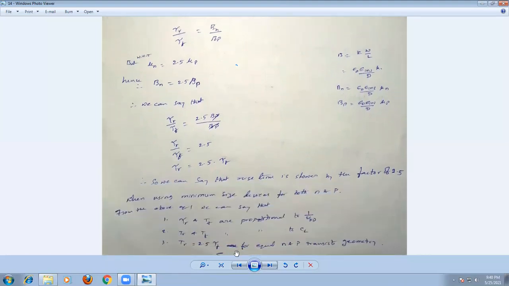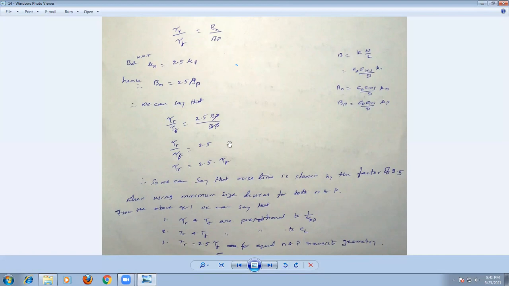Just remember here, the rise time is slower than the fall time, because the fall time is very fast compared to the rise time by a factor of 2.5. So there is a condition you remember: rise time is equal to 2.5 times the fall time.